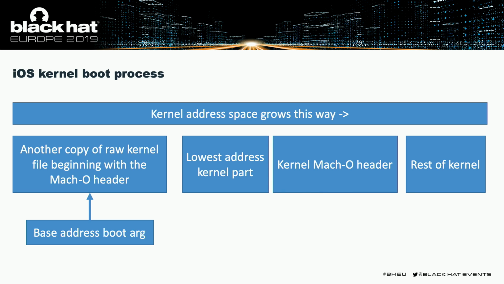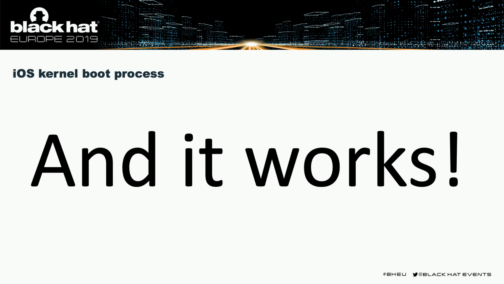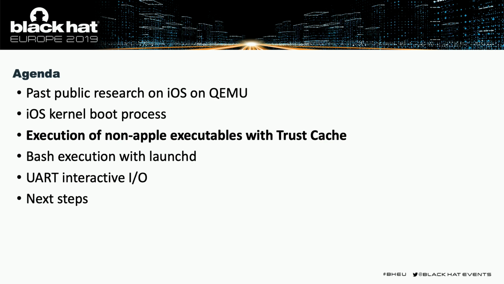So we pointed the base address boot argument to this new copy that is loaded below the lowest loaded kernel section. Now the base address boot argument points to the kernel macro header, and it points to an address that is lower than the lowest loaded kernel address. And now it works, and we're able to boot the kernel up to the point where it executes launchd, the first user mode application. All right, so we're now able to boot the kernel.